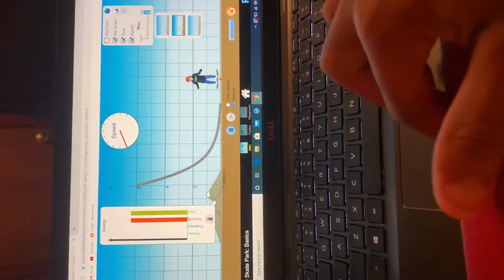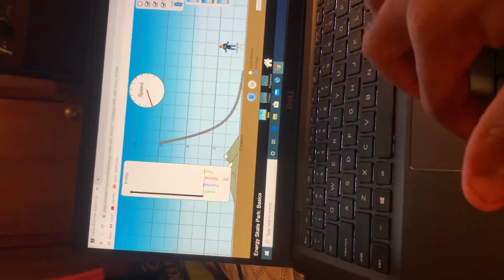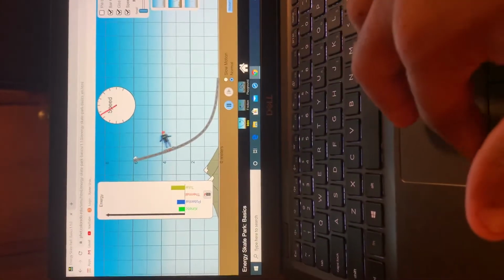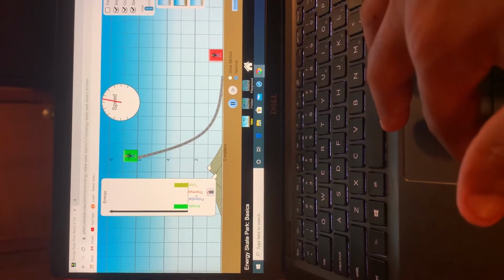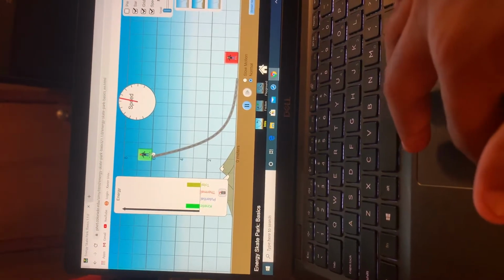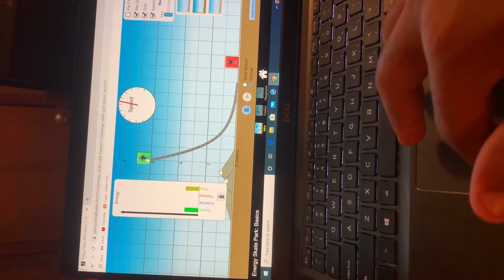So in the first part of this, I'm going to just show you right here. The mass will always be on the smallest, and I'll play him from 6 meters height. And as he goes down, as you can see, the potential energy goes down as the kinetic energy goes up. They are inversely proportional to each other.